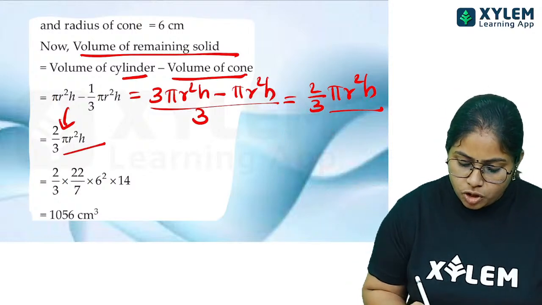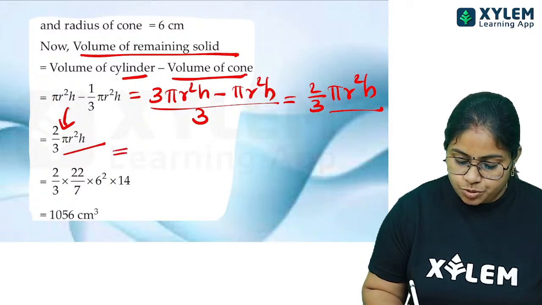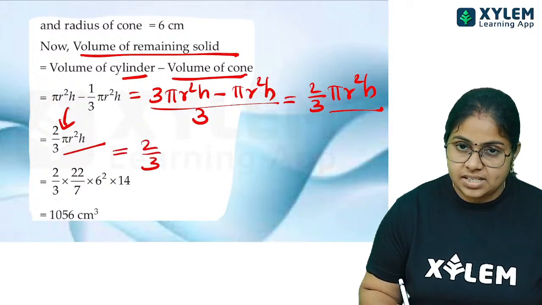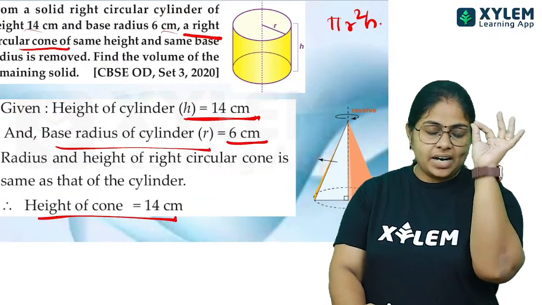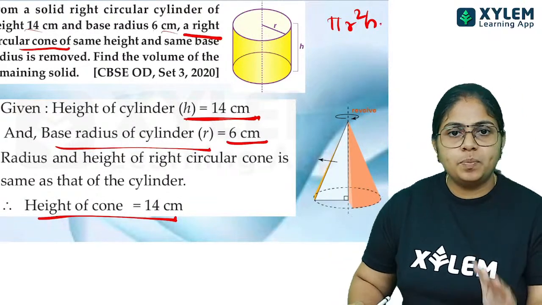What you have to do, here itself you have to substitute the value in 2 by 3 pi r square h. Here they haven't given that you have to use pi is equal to 22 by 7, യൂസ് ചെയ്യാനൊന്നും പറഞ്ഞിട്ടില്ല.